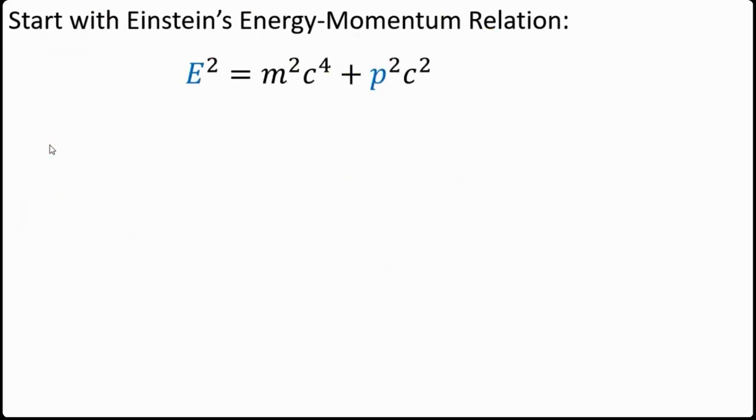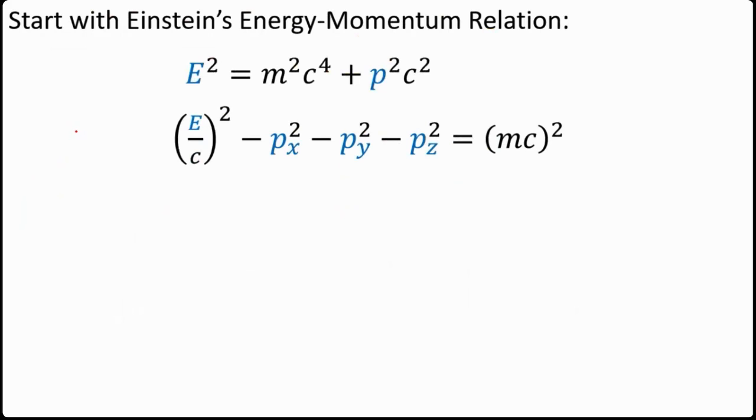So with the Dirac equation, we start with Einstein's energy momentum relation from special relativity. Does this look familiar to people? Mm-hmm. Yeah. So I'm going to rewrite it like this. Basically, I've turned the p into all the components, and I've done some divisions by c.